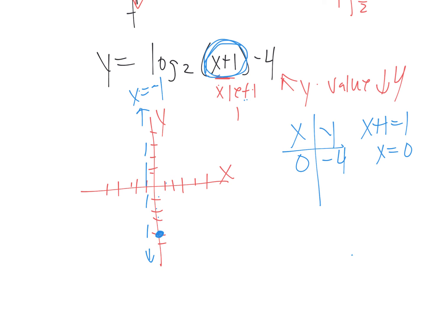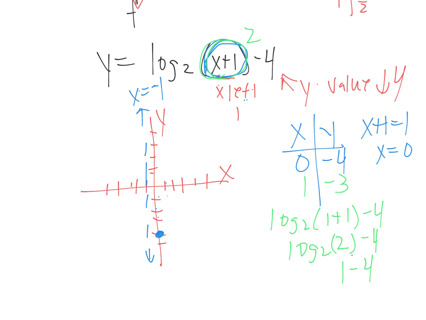Then the next thing I'm going to say is, okay, what do I have to make this base 2? I want to make this a 2. So I'm going to put x is 1, because log base 2 of 1 plus 1 is log base 2 of 2 minus 4. And log base 2 of 2 is 1. So then I know this is negative 3.